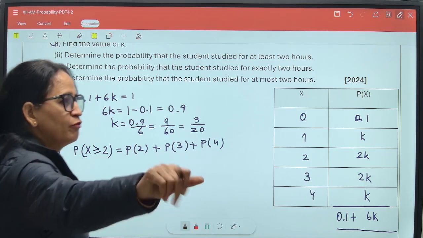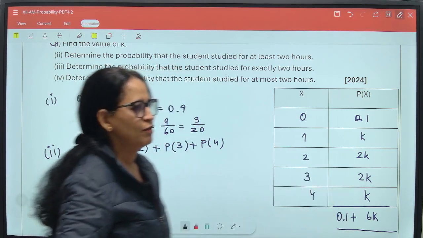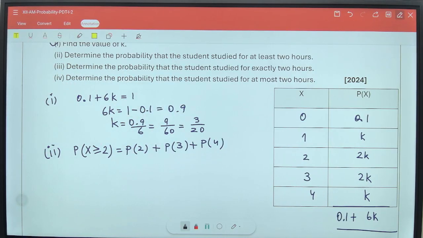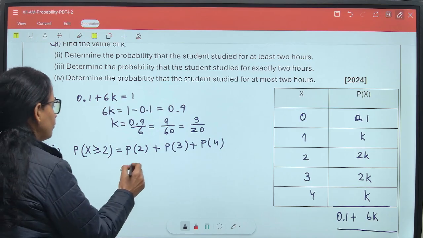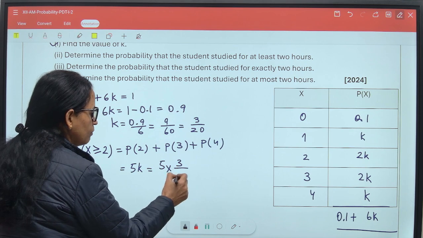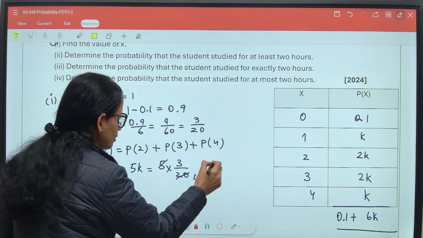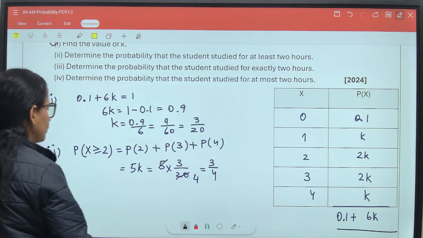So if you pick up all these values 2, 3 and 4, 2 plus 2 is 4, 4 and 1, 5. So it is going to be 5k. So the sum of the probabilities is 5k. So that means it is 5 into 3 by 20, 5 4s are 20, so it is 3 by 4. You can leave it as a fraction, don't worry.